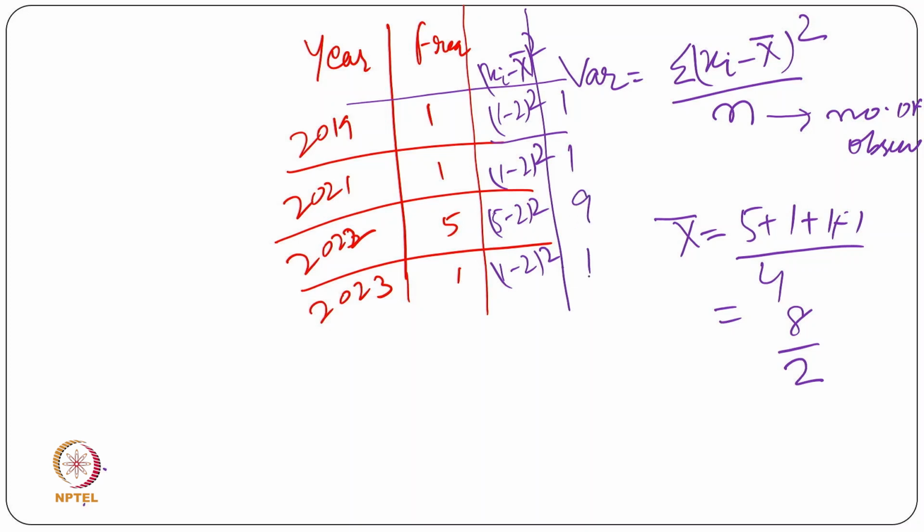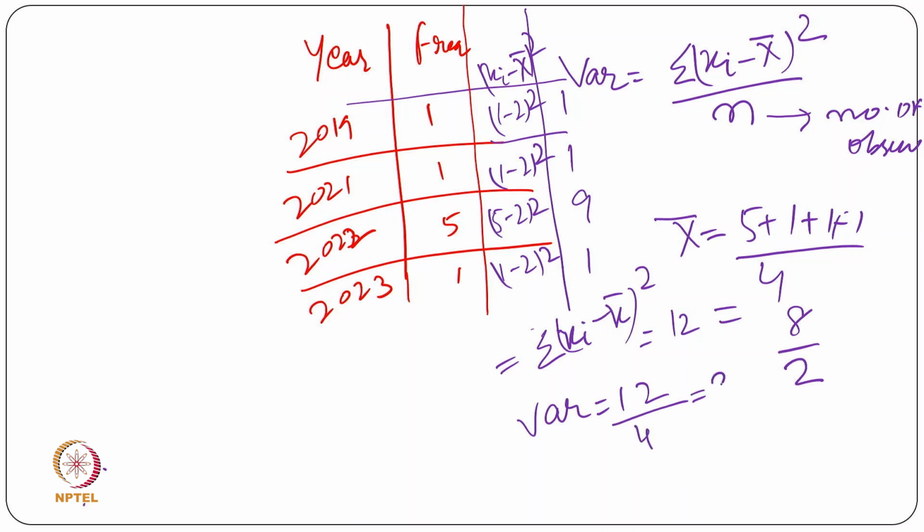So our sigma (xi minus x bar) whole square came 12. So our variance will be 12 by 4. So it will be 3.